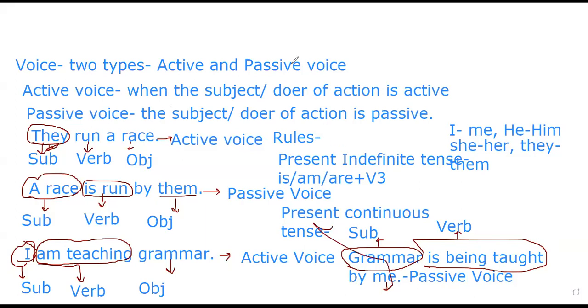I hope it's clear to you. So by me, me is object.